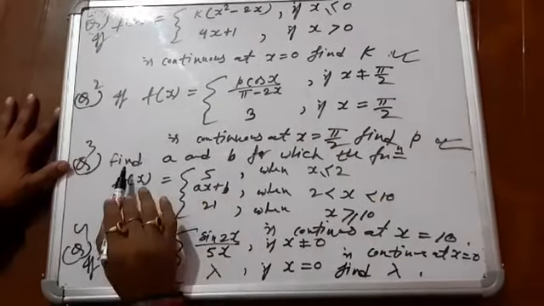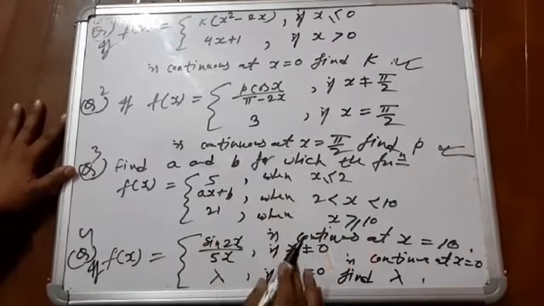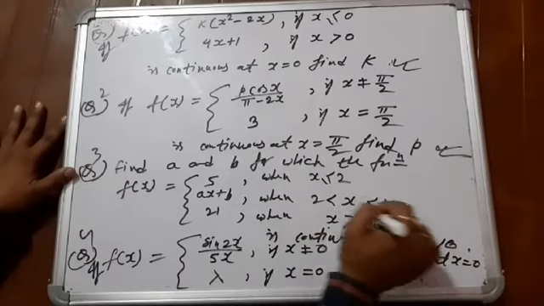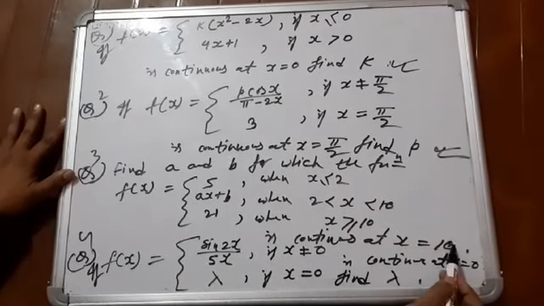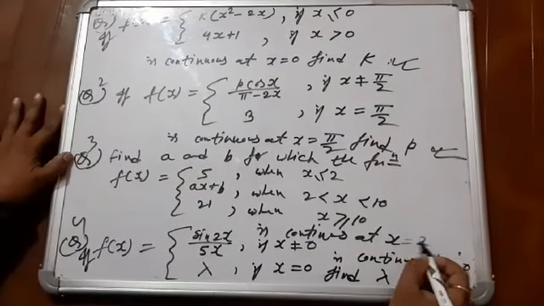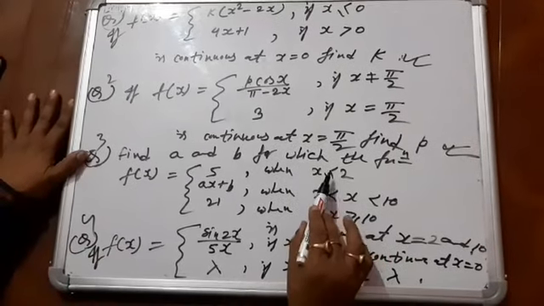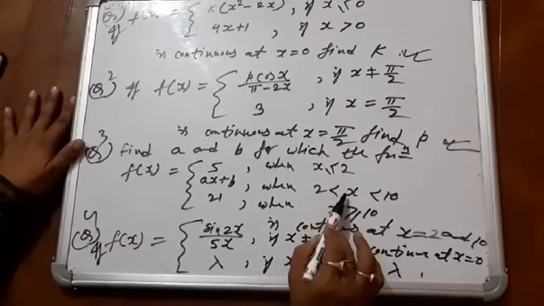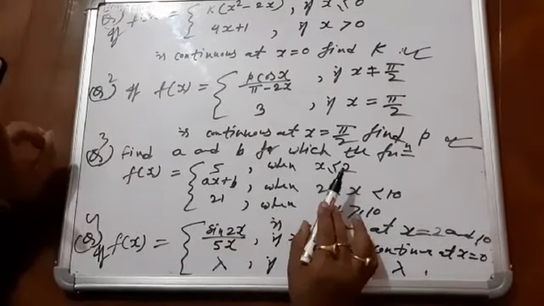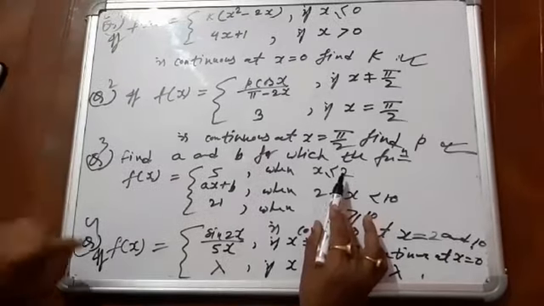Here we are going to find out the value of a and b for which this function is already given continuous at the given condition. Okay, it is continuous at x equal to 2 and 10. At x equal to 2 and 10, it is continuous on both, so if needed, for 2 also we will find LHL, RHL and the value of the function. Understand this once properly.